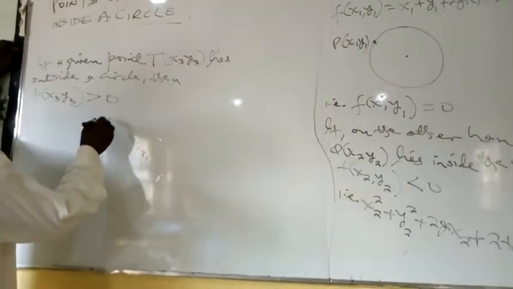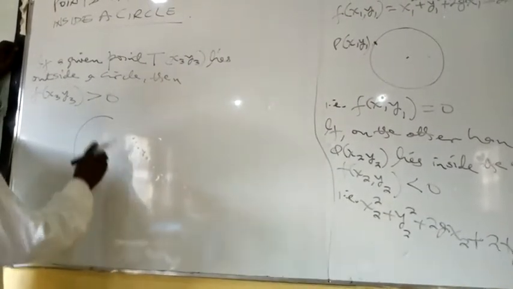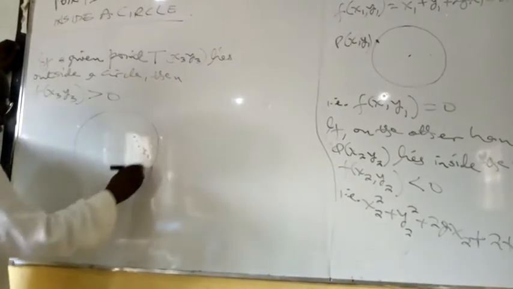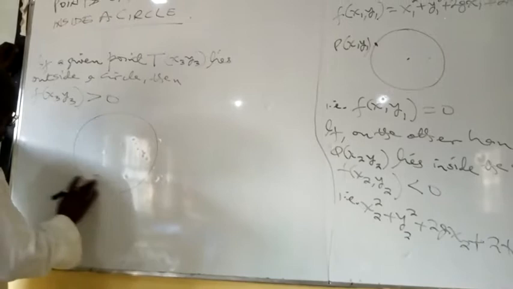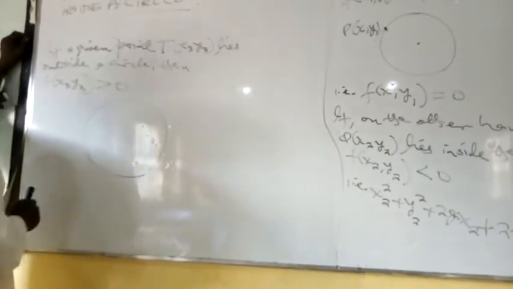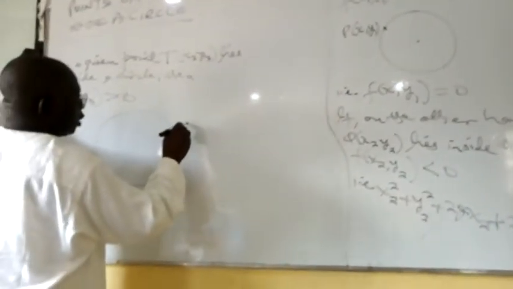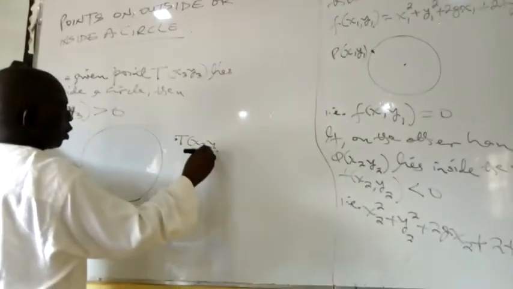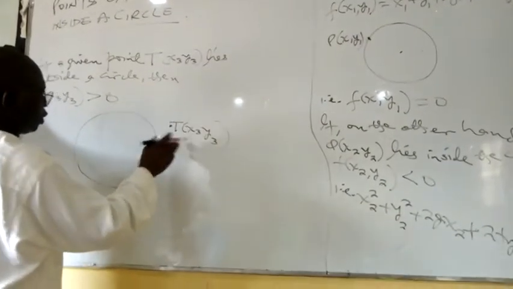So in that case, the point T, x3, y3 lies outside the circle. So you can see that point T is outside the circle. So this is the condition.